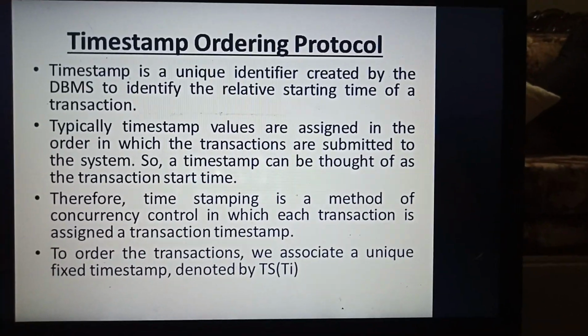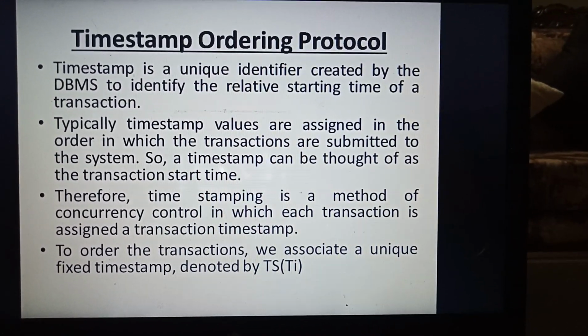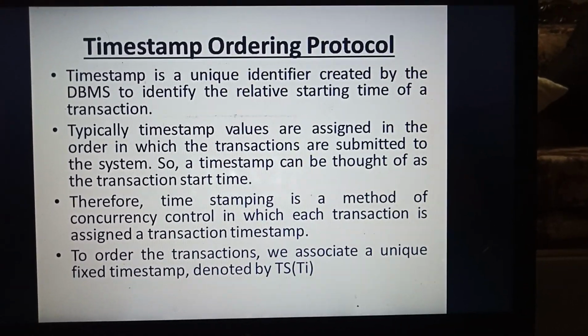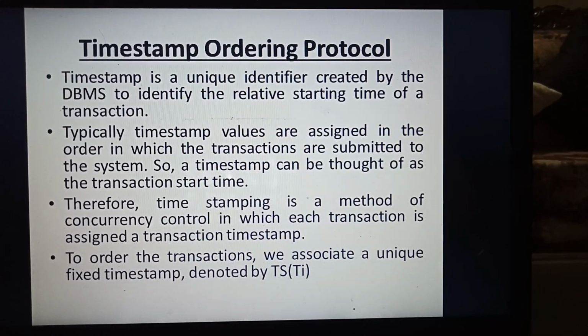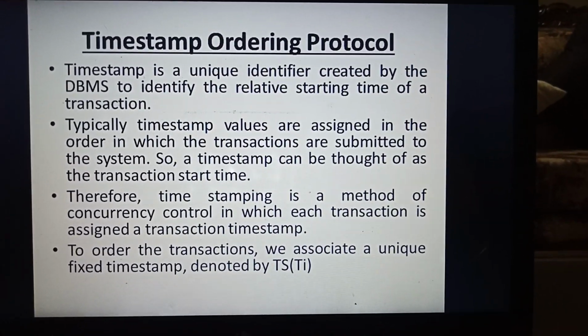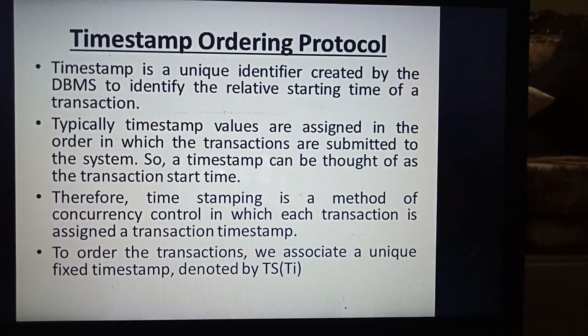Next type of non-two-phase locking protocol is the timestamp ordering protocol. Now, what is a timestamp? A timestamp is a unique identifier created by the DBMS to identify the relative starting time of the transaction.